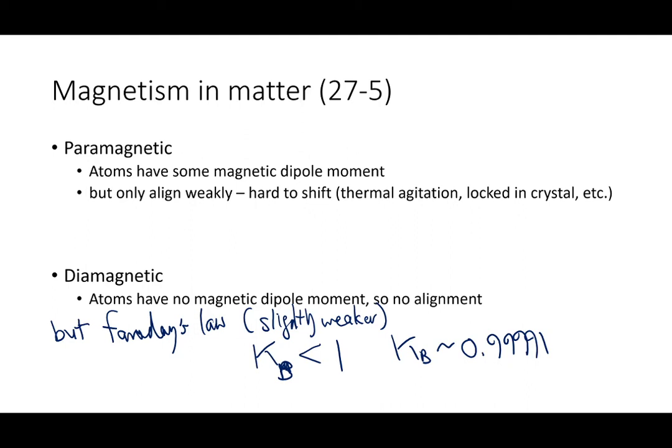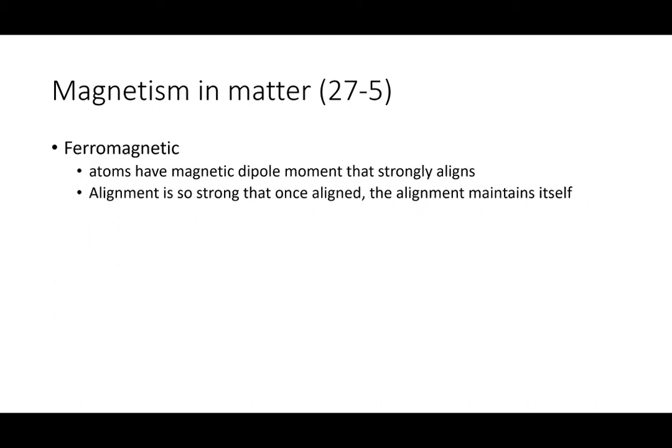Then probably the most interesting of the types: we have paramagnetic, diamagnetic, and of course we have ferromagnetic. And these are cases where atoms have very strong magnetic dipole moments that strongly align. In fact, it's so strong that once they become aligned, the magnetic field that they're generating maintains its alignment and therefore makes what we call a permanent magnet, right?